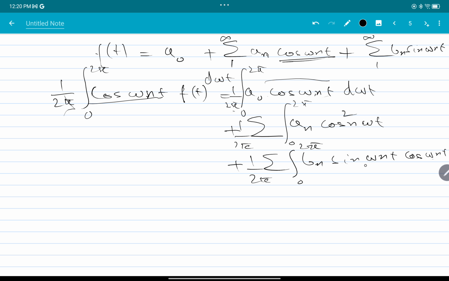Sine into cos can be combined into one sine or cos, and its average value is also 0. Only the average value of the square term remains, that is 1 by 2.